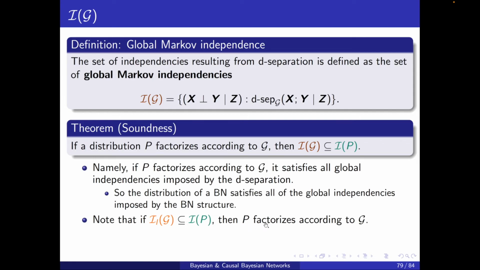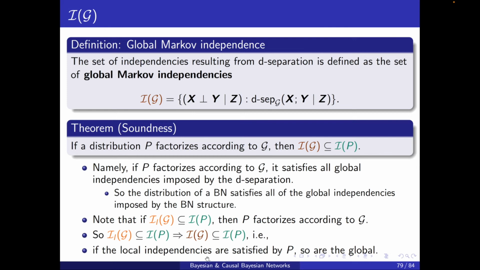Then we can say that P factorizes according to G, we already knew that, but what this additionally says is that then IG, all of these, are also included in IP. Okay, good. So, meaning that if the local independencies are satisfied by P, so are the global ones. And that's the main message of this section.